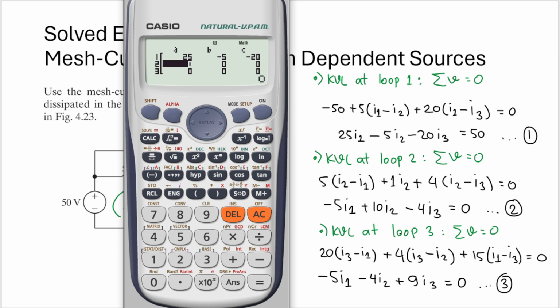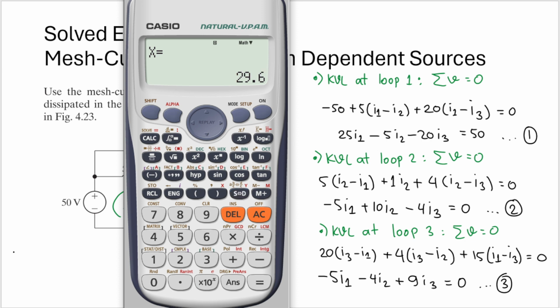Then minus 5, 10, minus 4, and then 0. Then minus 5, minus 4, and 9, and that will equal 0.